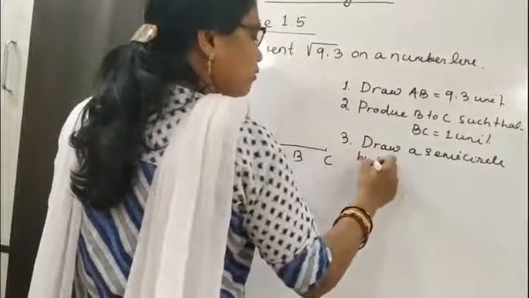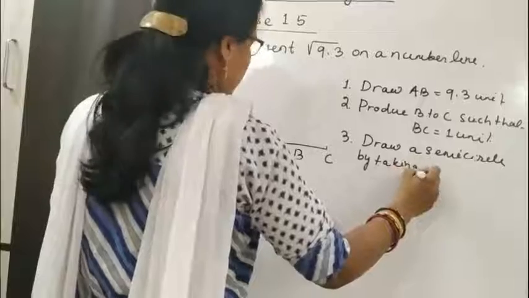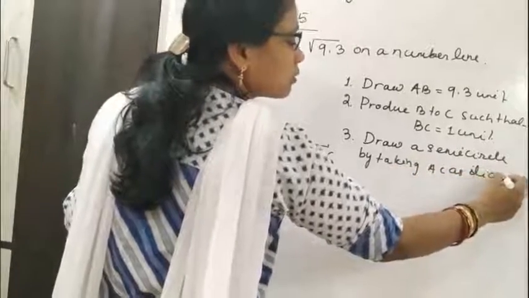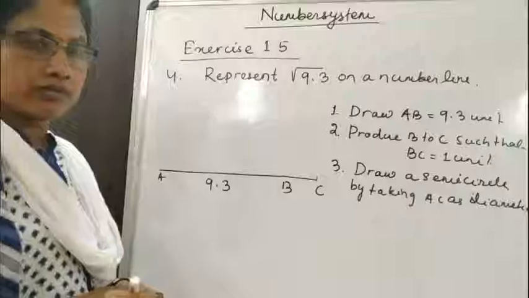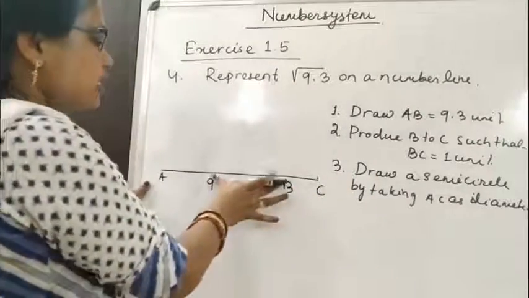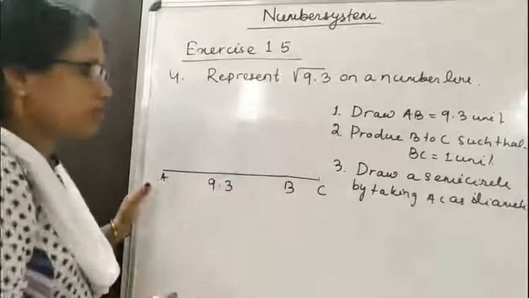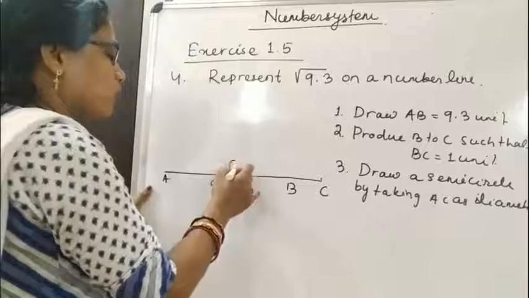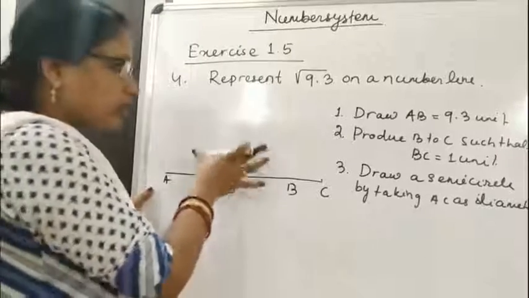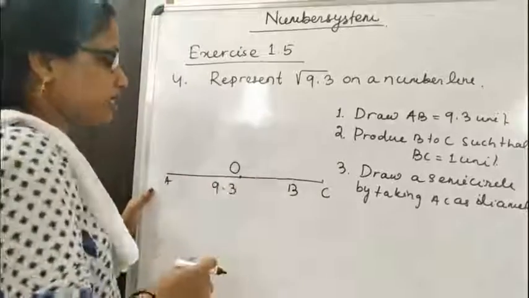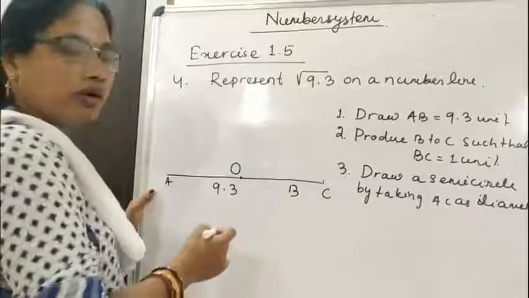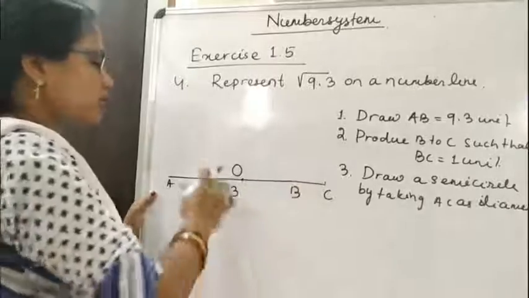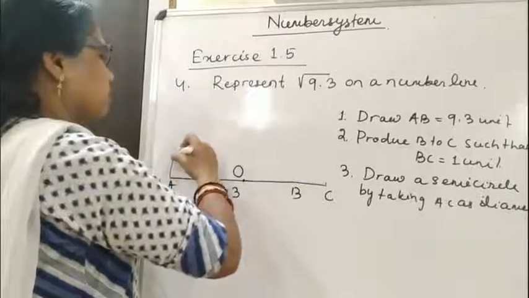First you have to find the midpoint O by drawing the perpendicular bisector of AC. O will be the center, and we take AO or OC as radius and draw a semicircle like this.